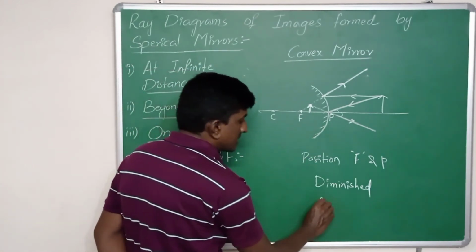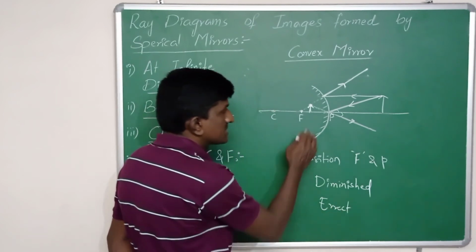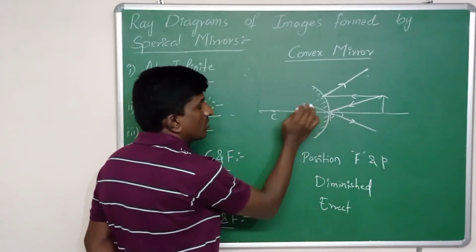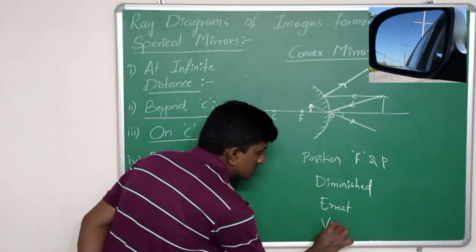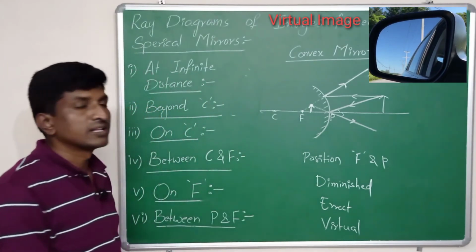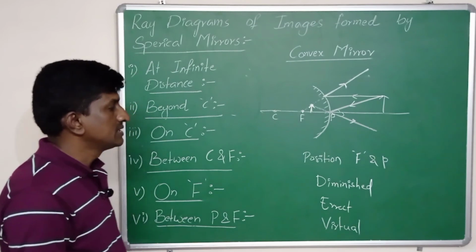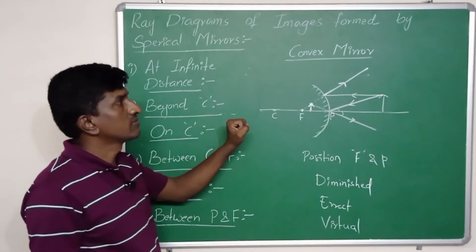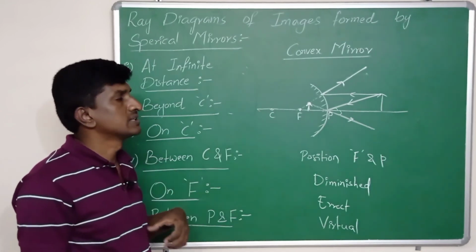It is an erect image, not inverted, just like the object, and this image is a virtual image. That image cannot be caught on the screen. Okay, so this is about the ray diagrams of convex mirror as well as concave mirror.